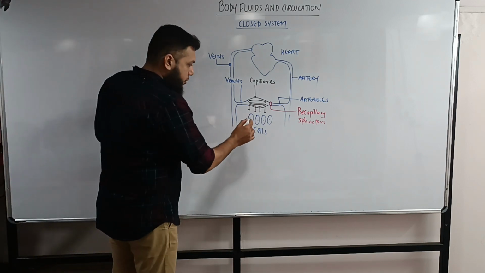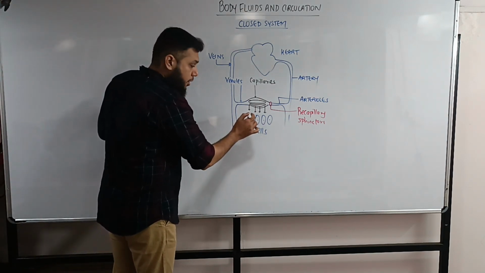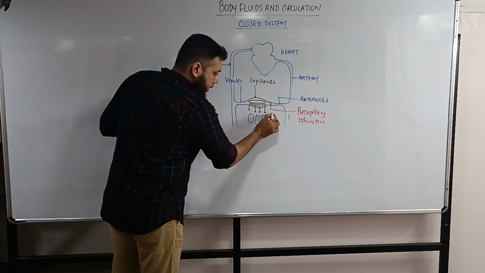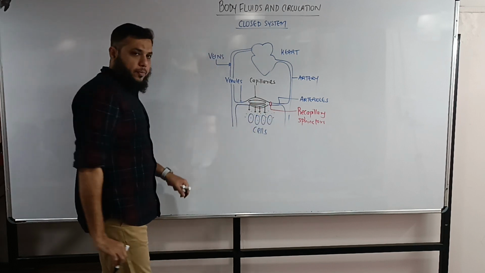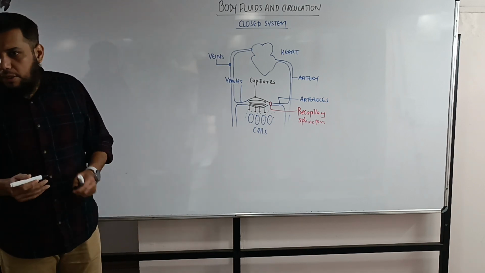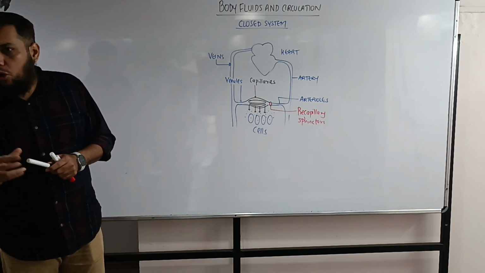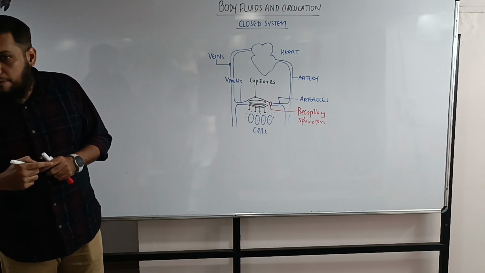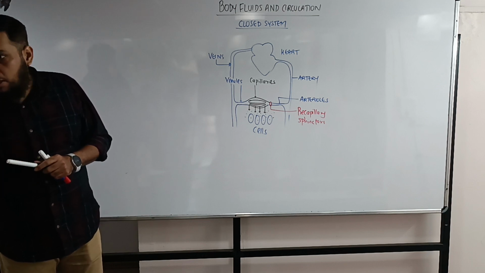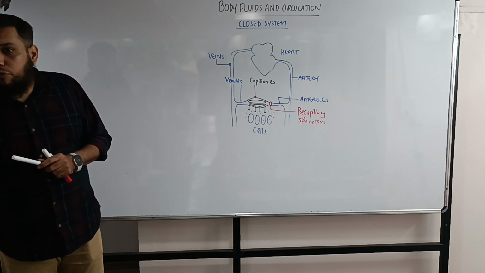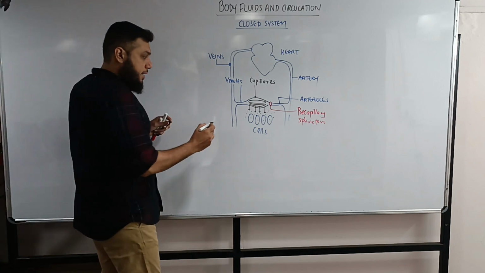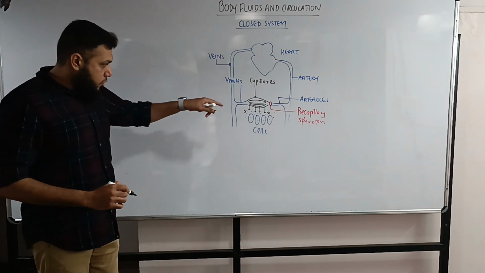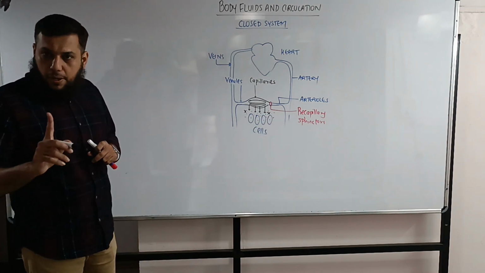As a result of which the cells will come in contact with a fluid. Cells will come in contact with a liquid. This liquid, is it blood or is it a liquid which has been formed from the blood? It is having more nutrients and very few wastes. Okay?